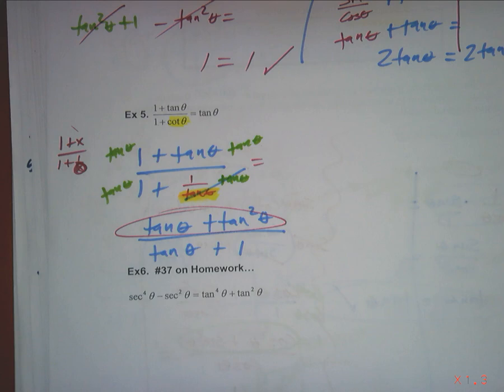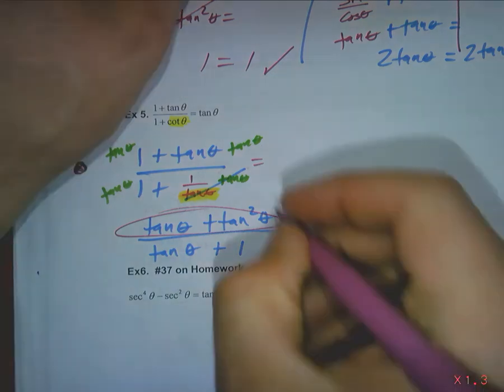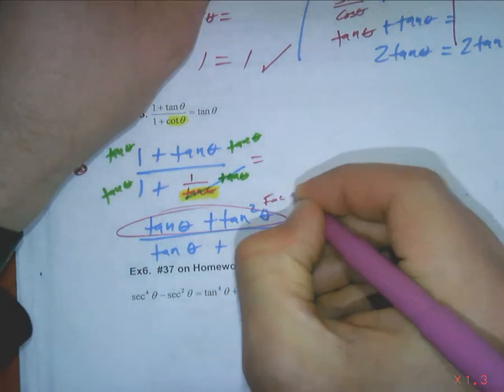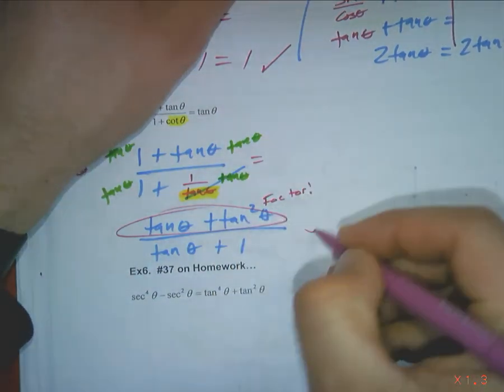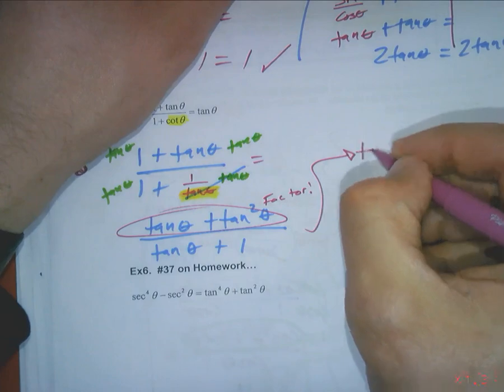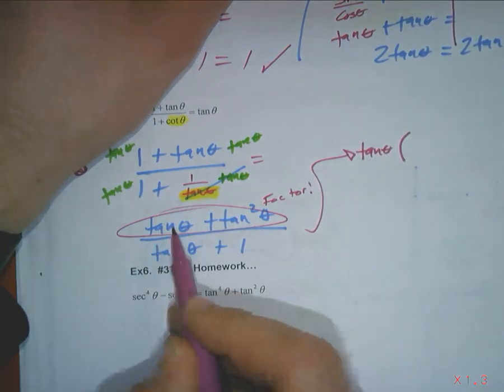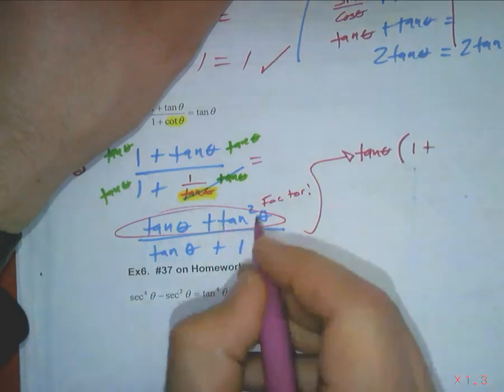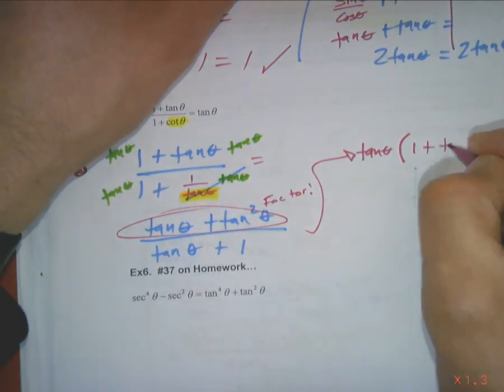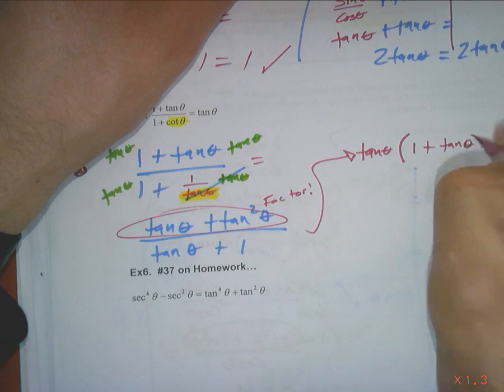I'll give you a hint. Starts with an F. Not FOIL. Factor. What can we factor out? Yeah, we can factor a GCF. So I'm going to take out a tangent. What that gives me right here is 1, and then taking a tangent away from tangent squared leaves me 1 tangent there.